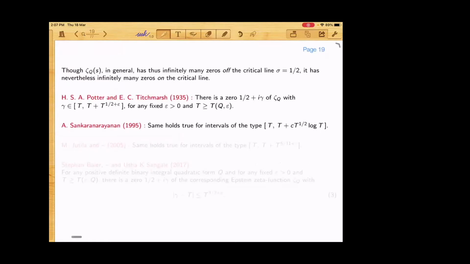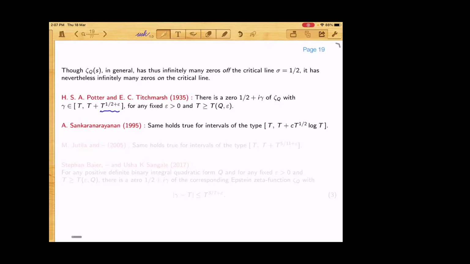In fact, the first result was by Potter and Titchmarsh in 1935, who showed that there is a zero 1/2 + i gamma of this Epstein zeta function with gamma lying in [T, T + T^(1/2+epsilon)].